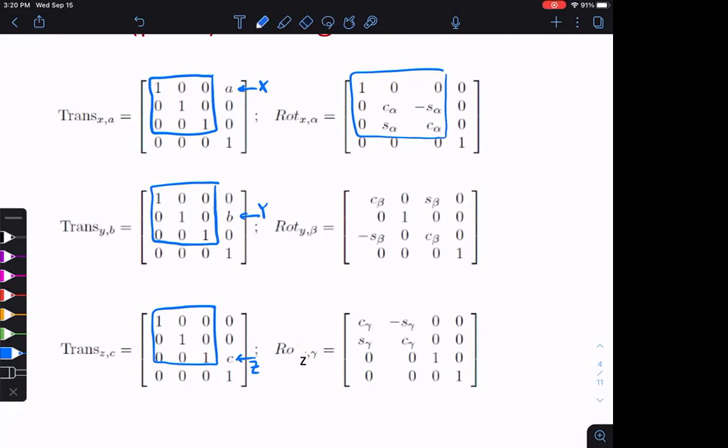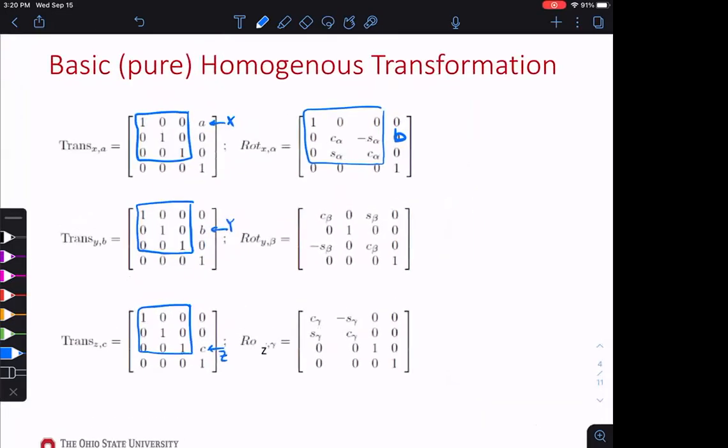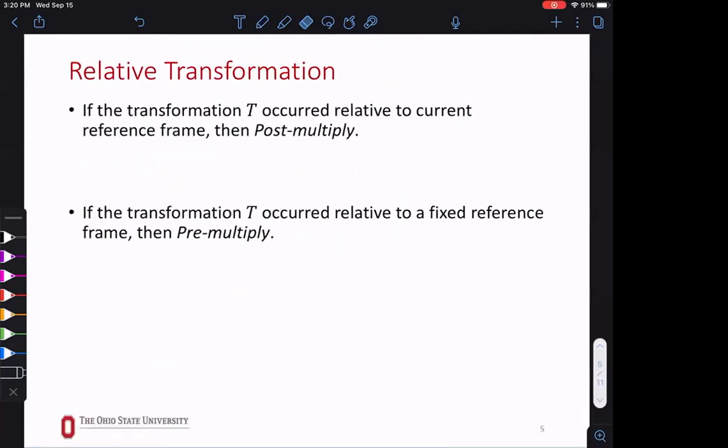There's a translation of B along the Y-axis. All you have to do is put a B here. So you have that rotation and you're introducing that translation. These are 2 things that we are putting together to represent our transformation. This is a good slide to keep handy for your further study.